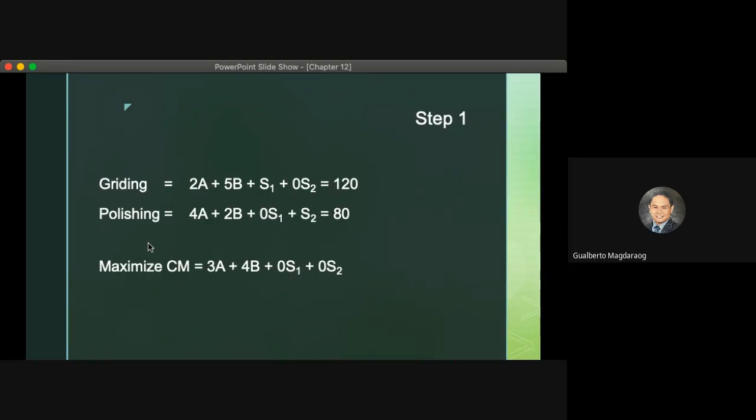And then for polishing, we will assign one slack variable, S2, the slack variable for polishing. And of course, 0 for grinding. We include both because in one computation, each one is connected to the other. So if it is all grinding, we have 0 polishing. If it is all polishing, 0 grinding.